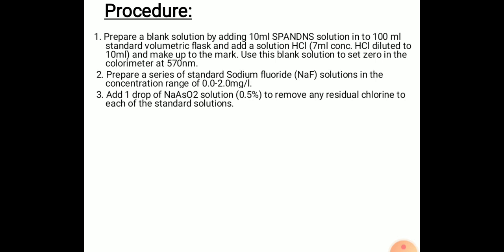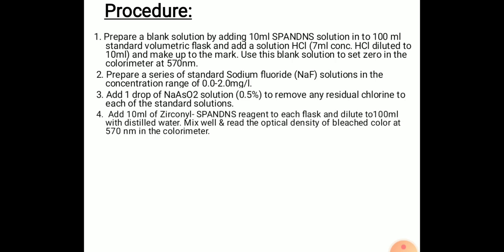In the next step we are going to add one drop of sodium arsenate solution, 0.5 percent, to each of the standard solutions, just to remove any residual chlorine. That is NaAsO2. Next we add 10 ml of zirconium SPADNS reagent to each flask and dilute to 100 ml with distilled water.